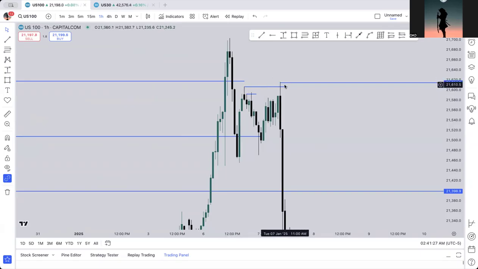Price swept liquidity. But that does not actually validate the sell narrative or context that we have going on. It is just a previous daily high being swept out.